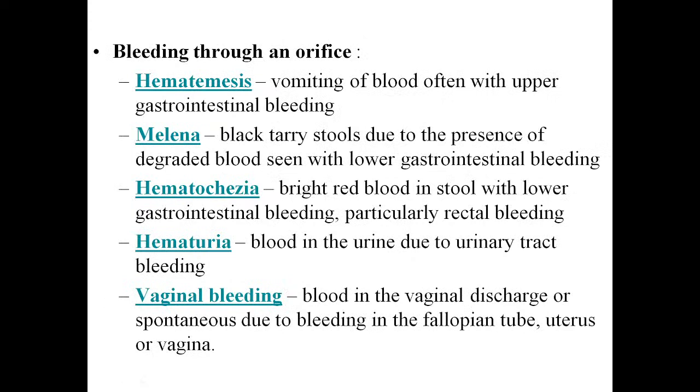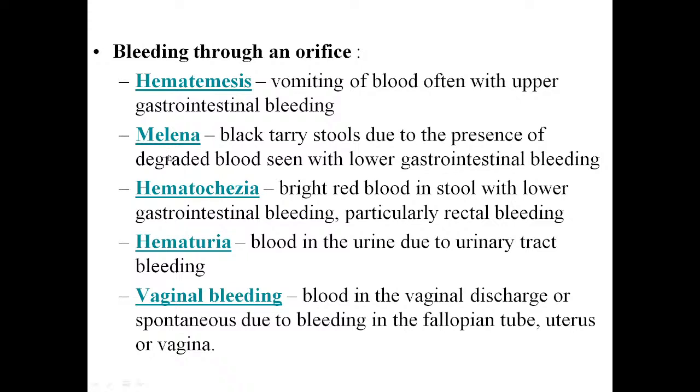Students, in this slide you can see other symptoms of bleeding and what they are called. At first, hematemesis. What is hematemesis? It's vomiting of blood, often with upper gastrointestinal bleeding.